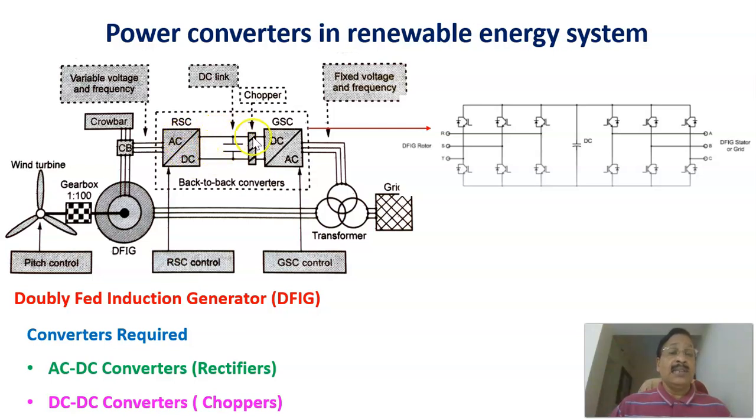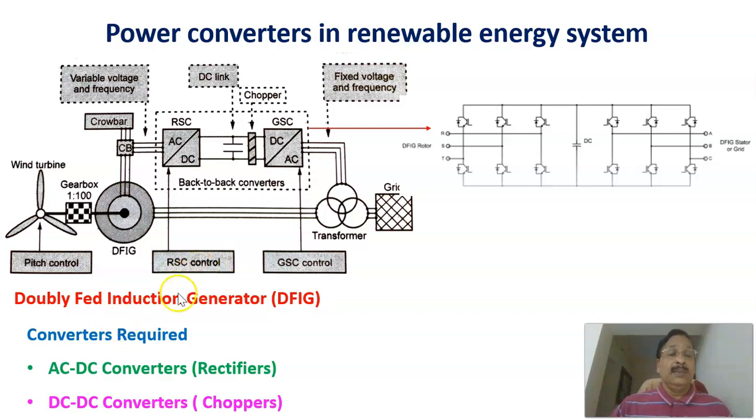and there is a capacitor to make the voltage stiff, and in certain cases this voltage is to be changed by using a chopper, the DC to DC converter. That DC input is given to an inverter that converts the DC quantity into AC quantity, and that AC output is connected to the grid through the transformer. Therefore, this part is the inverter, and this is the rectifier.